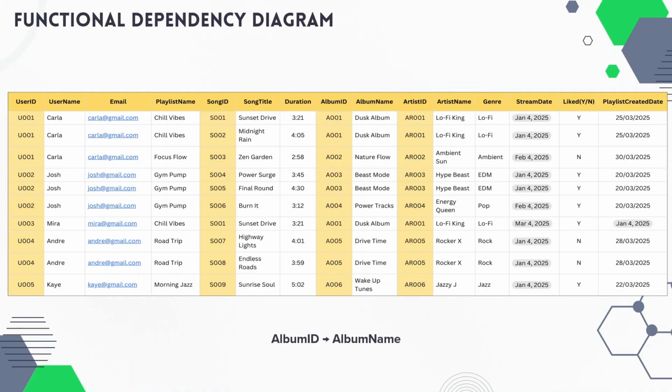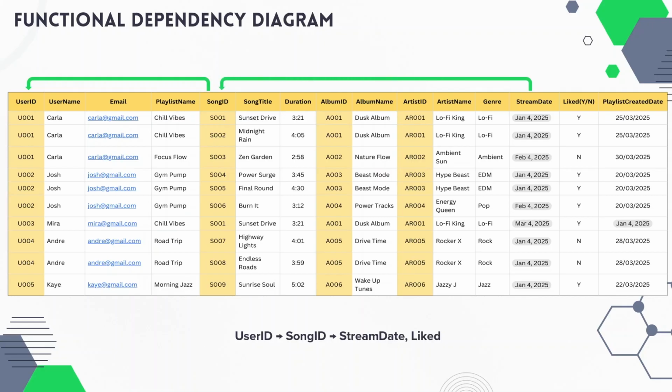Album ID determines album name. Artist ID determines artist name. User ID determines song ID, stream date, and like. This diagram confirms that our design meets all requirements of third normal form.